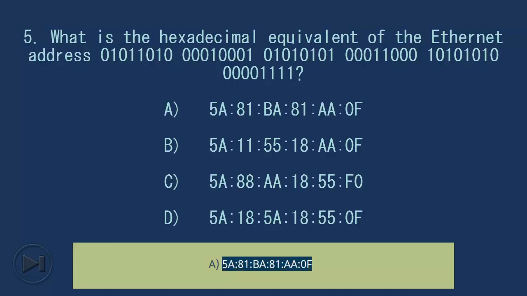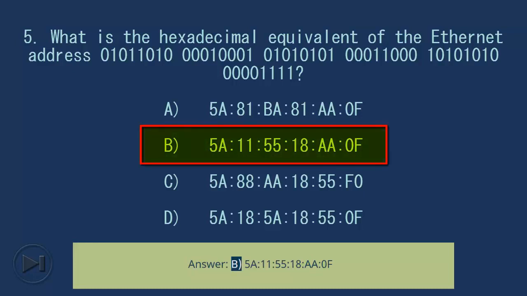A. 5A81BA81A0F. B. 5A:11:55:18:AA:0F. C. 5A:88:A1:8:55:F0. D. 5A:18:5A:18:55:0F. Answer, B. 5A:11:55:18:AA:0F.